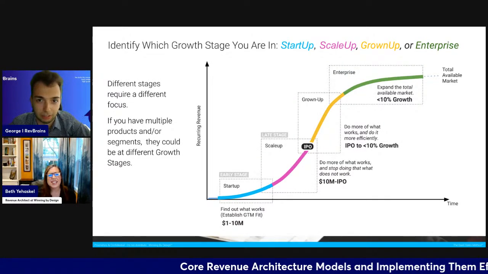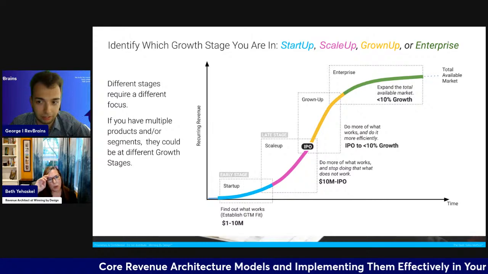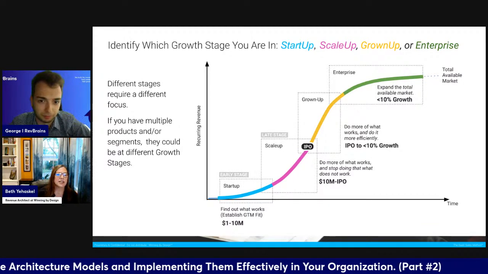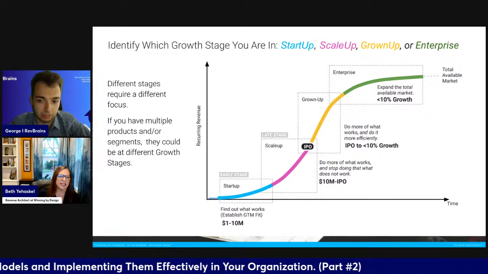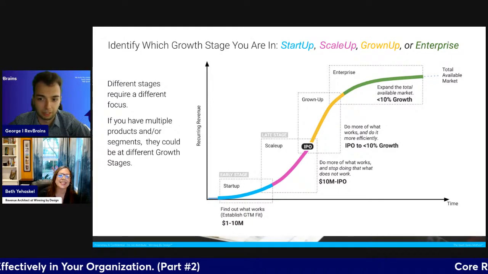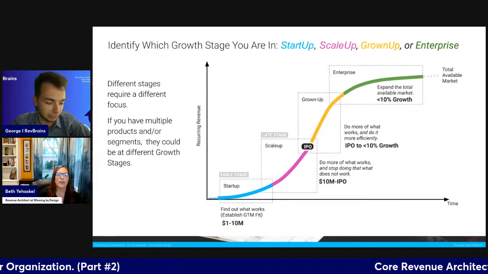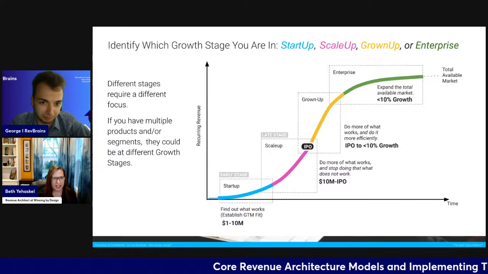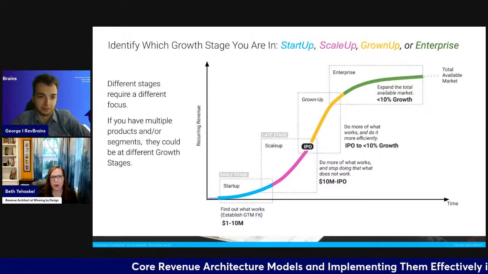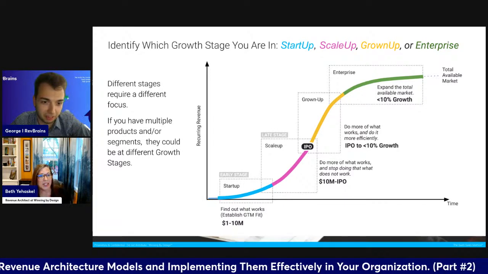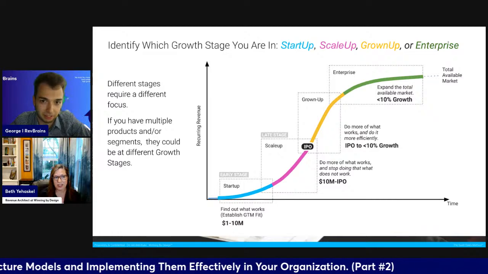One of the first things that I like to do is talk about where your company is in its journey. Different companies require different things, and this seems really simple, but it's actually something that is easy to forget. If you are a startup, what you need to be focused on and doing is not the same as if you are in the scale-up stage, which is also not the same as if you're in a grown-up stage.